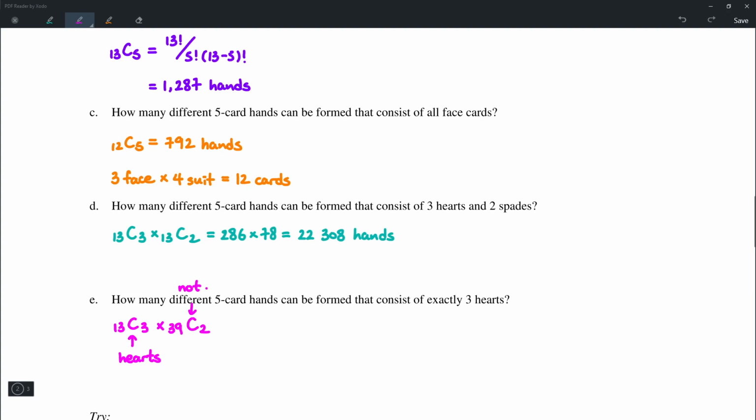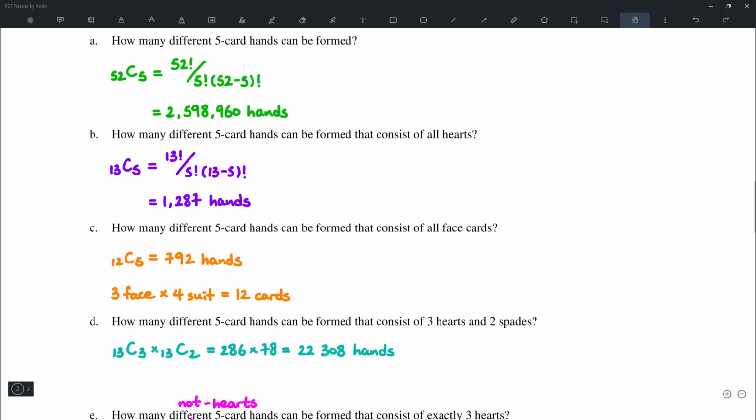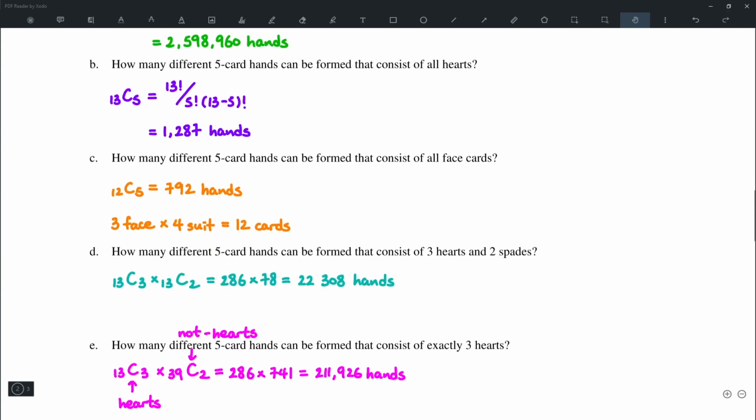Very important. So the first part, 13 choose 3, as we've seen before, is 286. And then 39 choose 2 is 741. And the product is 211,926 hands. So that was a quick overview of combination questions involving cards.